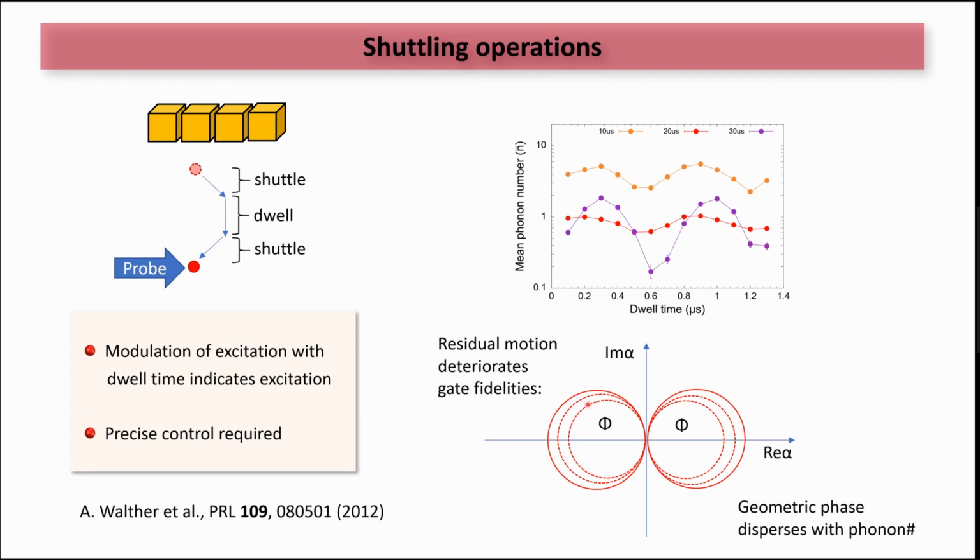There's a dispersion of phonon numbers, so there will be a dispersion of geometric phase, and therefore, in the presence of uncontrolled motion, the geometric phases will lead to effective dephasing. That's actually the main error source of our architecture, and this means that the shuttling operations require a lot of control over the motions and a lot of elaborate calibration procedures.